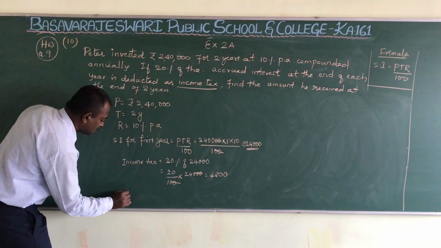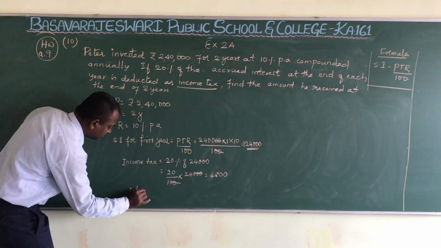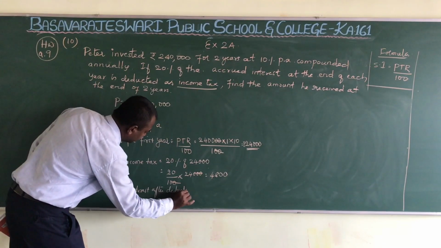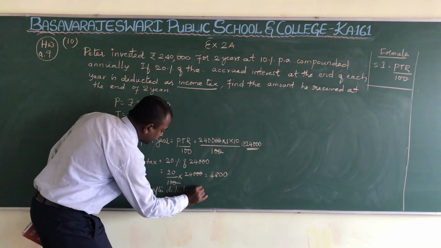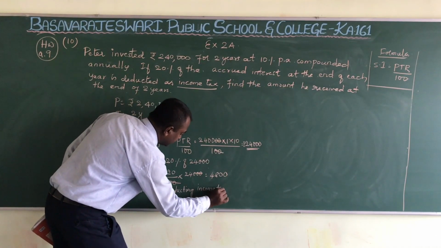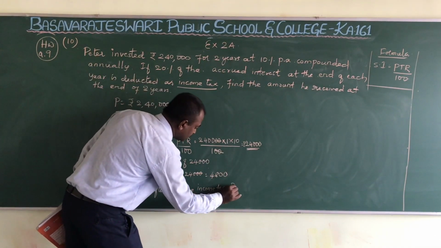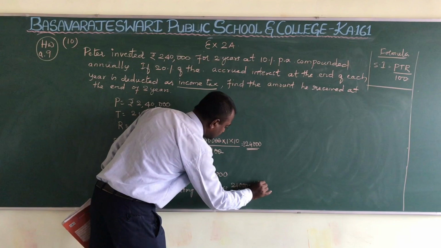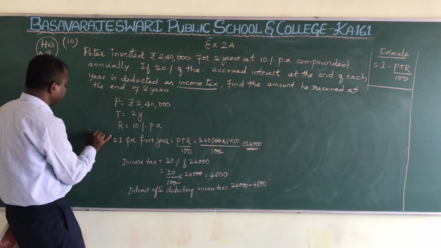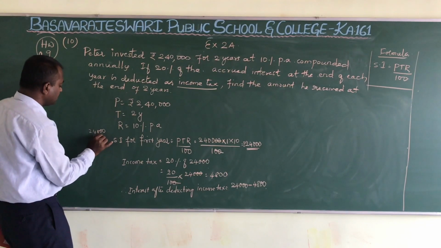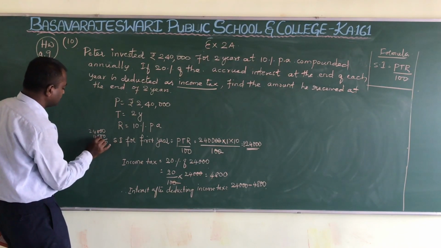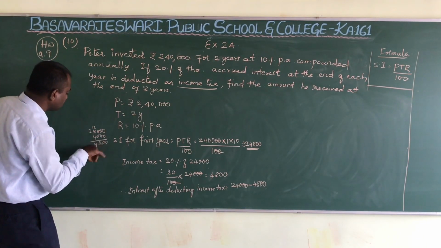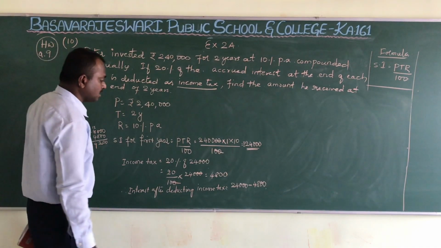So therefore, interest after deducting income tax: how much? 24,000 minus 4,800. So 24,000 minus 4,800 is 19,200.